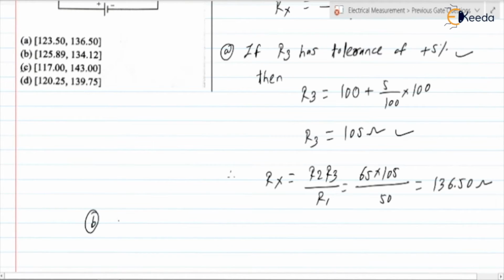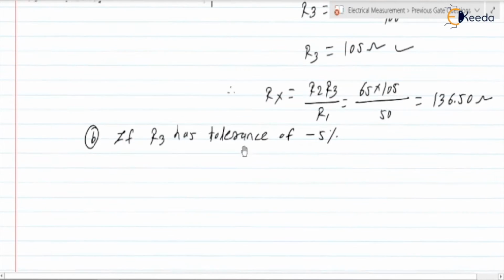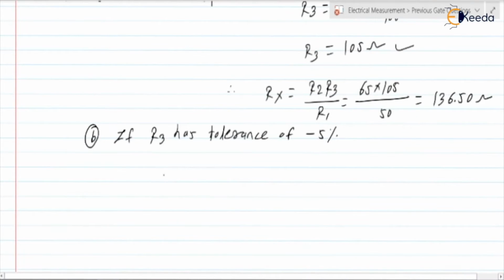Second case, if R3 has a tolerance of minus 5%, then R3 is equal to 100 minus 5 by 100 into 100. So it is equal to 95 ohm.